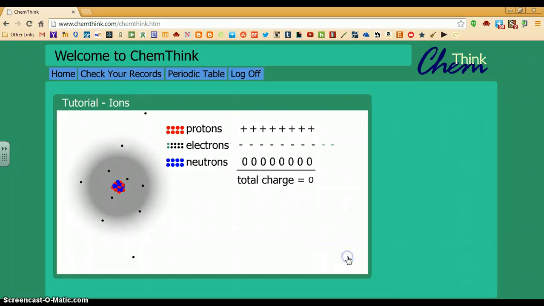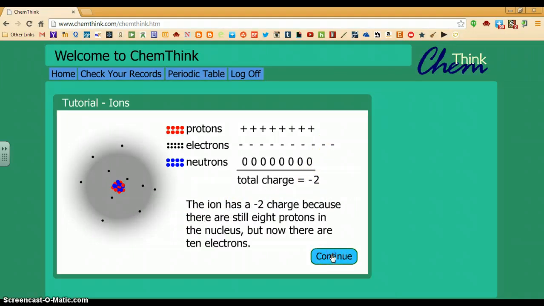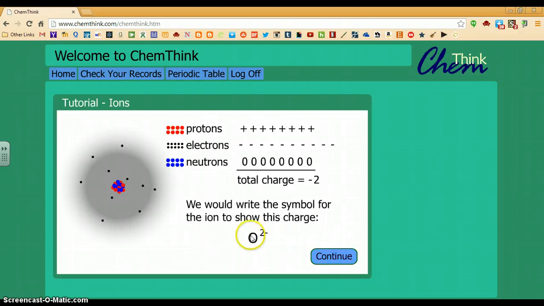So let's say oxygen gains 2 electrons. Since these charges are alone, there's 2 negative charges alone, so it's a -2 charge, becoming a -2 ion. So now it's oxygen -2.